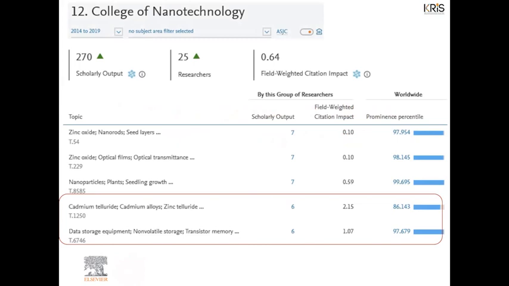And the bottom 2, you can see I circled because the citation impact is relatively high. So especially in the topic cadmium telluride and zinc telluride, the 6 papers that the College of Nanotechnology published in that topic have been cited more than 2 times world average.